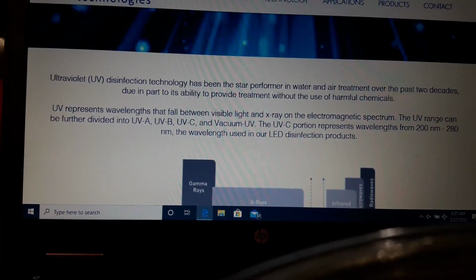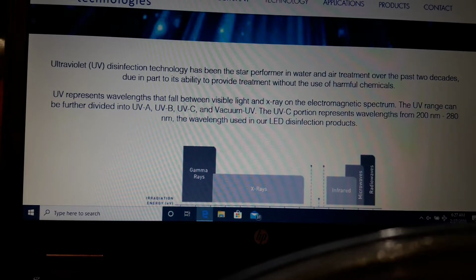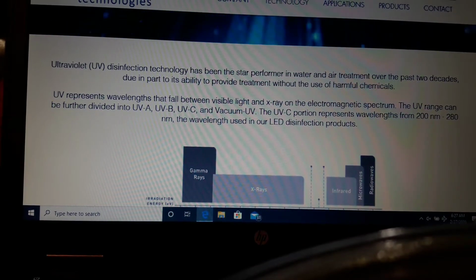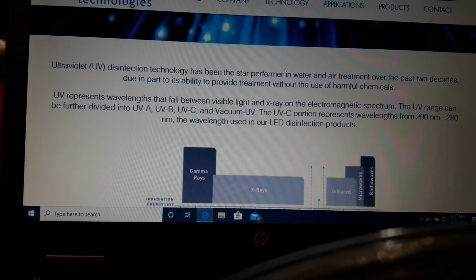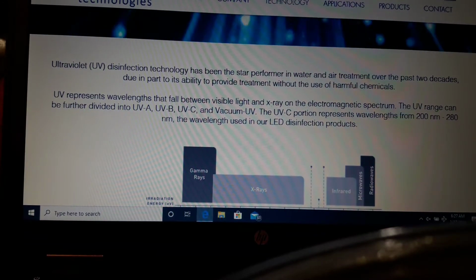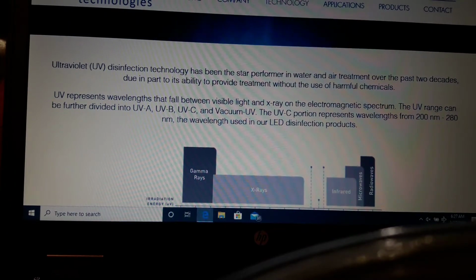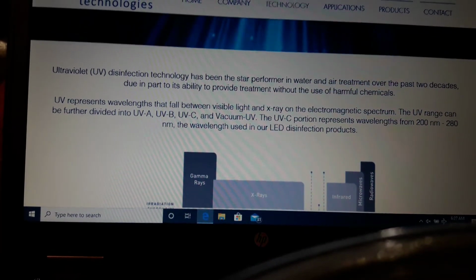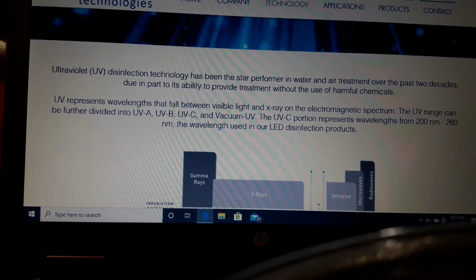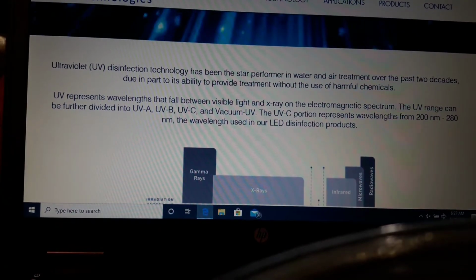Ultraviolet light disinfection technology has been the star performer in water and air treatment over the past 2 decades, due in part to its ability to provide treatment without the use of harmful chemicals. UV represents wavelengths that fall between visible light and X-ray on the electromagnetic spectrum.